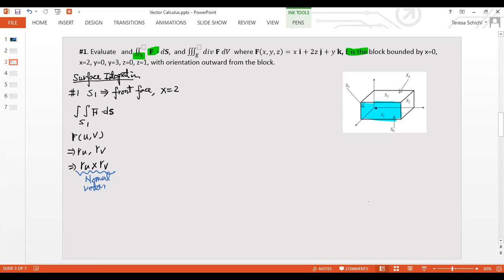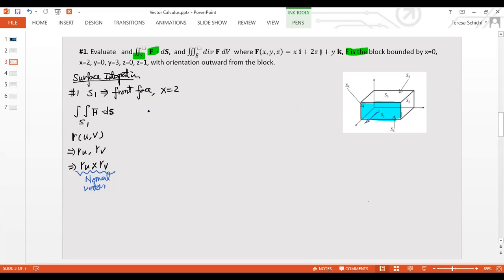We could do this all over, but here, because this is a rectangle, the normal vector is directly perpendicular to the surface. So what is the normal vector for S1?